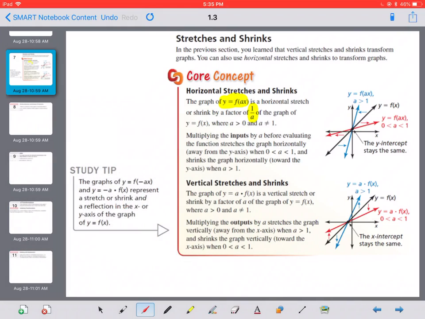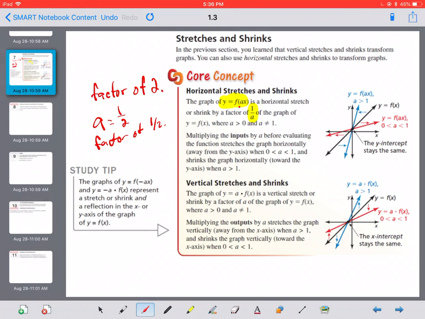So just like whenever we put the h in there and we have to make it the opposite sign, when we put the a in there, we have to make it the reciprocal, to flip it over. So if it wants me to change by a factor of 2, the a I'm going to put in is 1 over 2, which is a half.